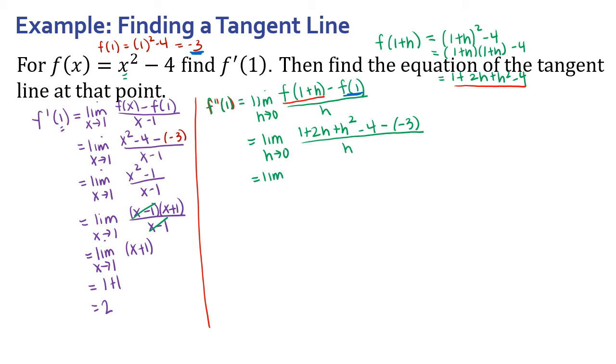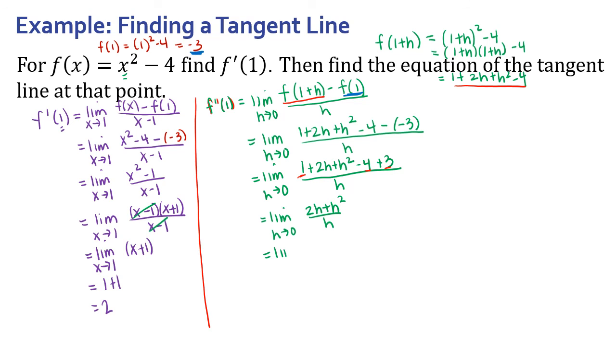Okay, still cannot substitute in 0 for h yet, because I'm going to have that 0 in the denominator, which is an indeterminate form. So let's continue and see if hopefully we can simplify this. So minus a negative 3 becomes plus 3. And then I can simplify that a little bit more. So 1 minus 4 is negative 3, plus 3 is 0. So those end up all canceling each other out, and we're left with 2h plus h squared in the numerator over h in the denominator.